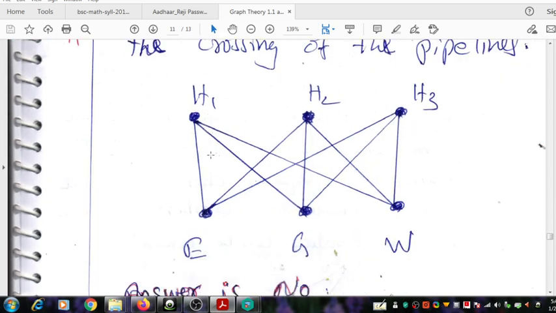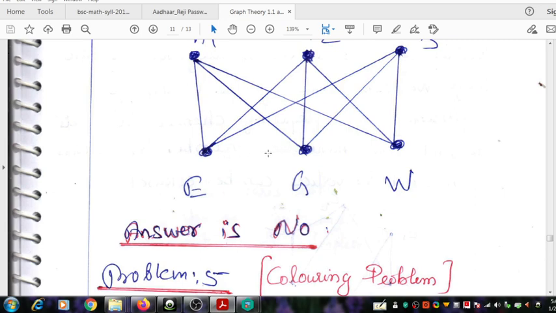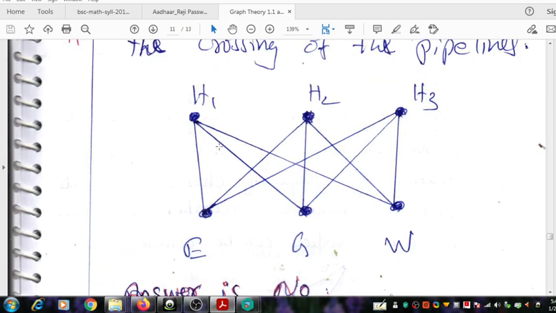That problem can be represented by dots and lines suitably drawn. Here houses are represented by vertices, and the facility centers, the electricity facility, gas facility and water facility, are denoted by suitable vertices, three vertices. Then the lines represent the pipe connections.